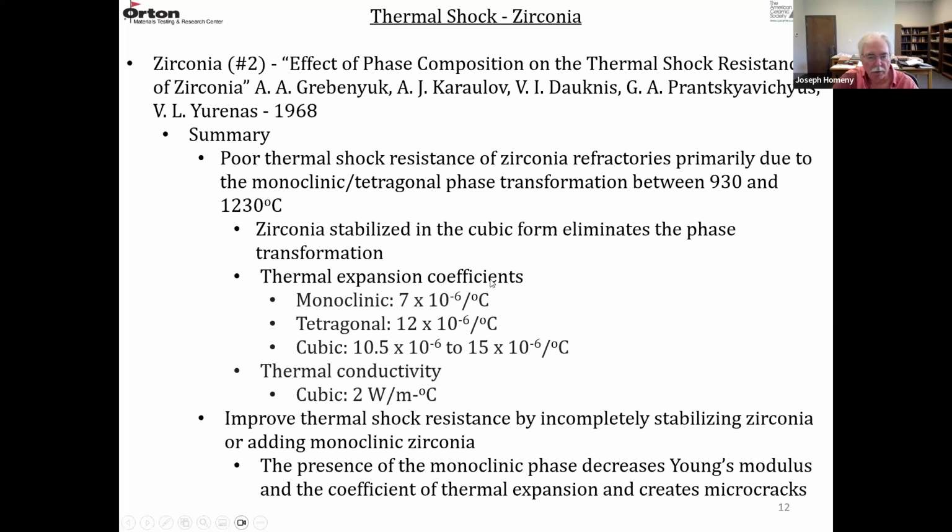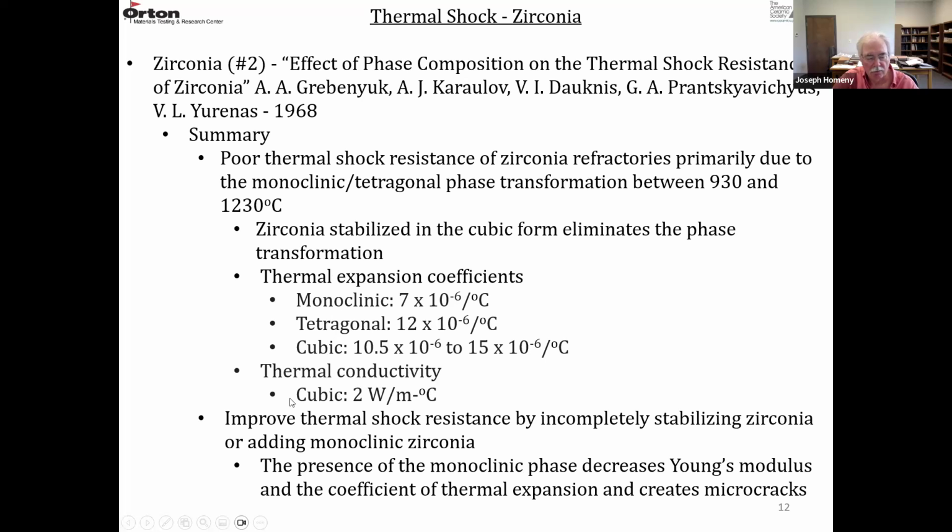If you look at the thermal expansion of the different phases, monoclinic is 7 times 10 to the minus 6 per degree C. Tetragonal is much higher, 12 times 10 to the minus 6 per degree C. And the cubic is in between, 10.5 times 10 to the minus 6, and depending on the structure, could be as high as 15 times 10 to the minus 6. So the thermal expansion coefficients are variable. Tetragonal and cubic are quite high, monoclinic low.